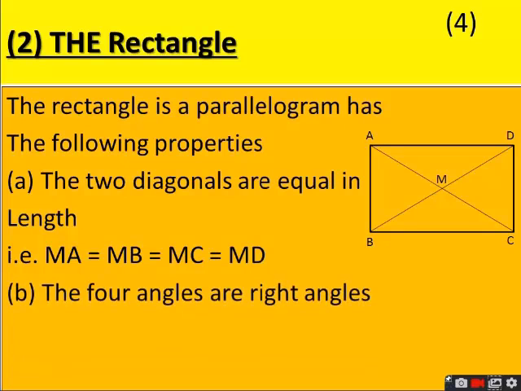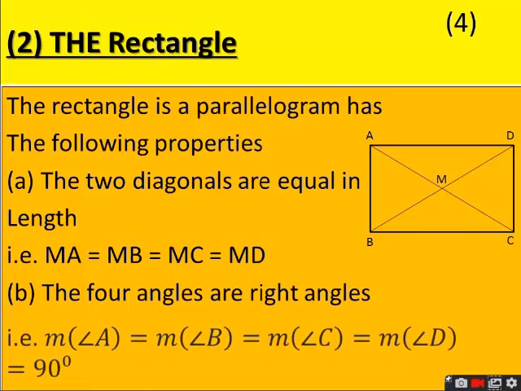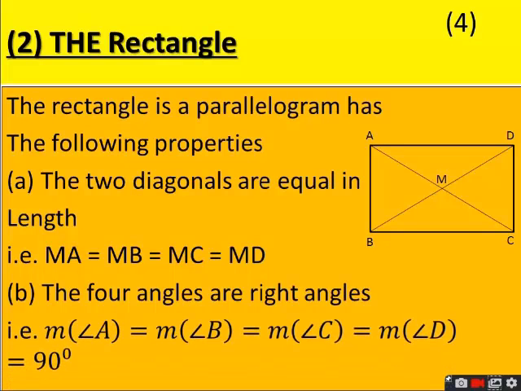But it is not the only property. We have another property for the rectangle: the four angles are right angles. That means measure of angle A plus measure of angle B equals 180. Measure of angle B plus measure of angle C equals 180. Measure of angle D plus measure of angle A equals 180.